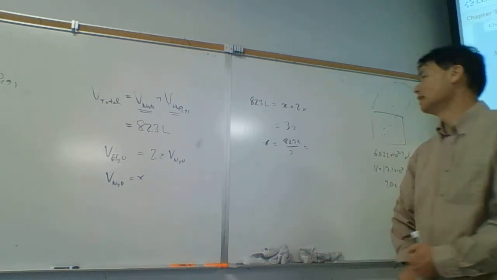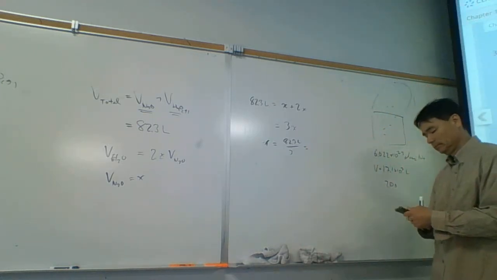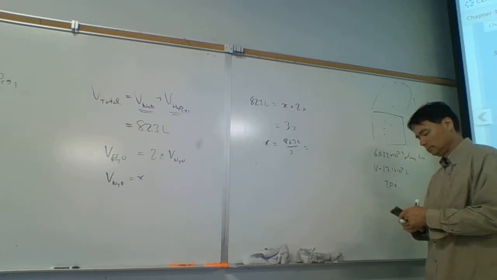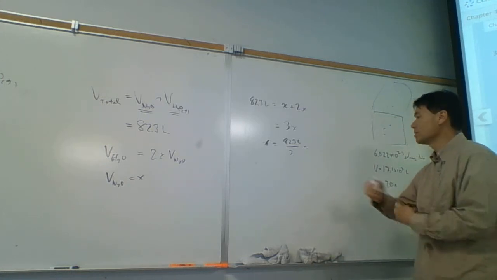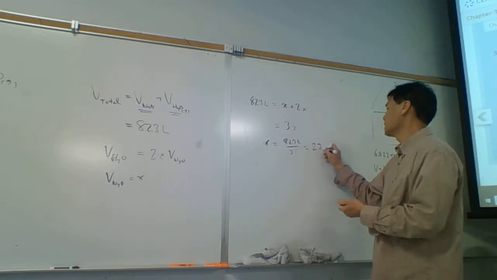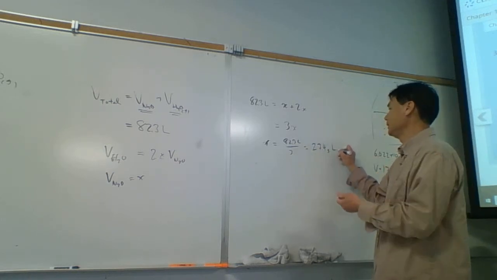Let's solve for X. 82.3 divided by 3 is 27.43 liters.